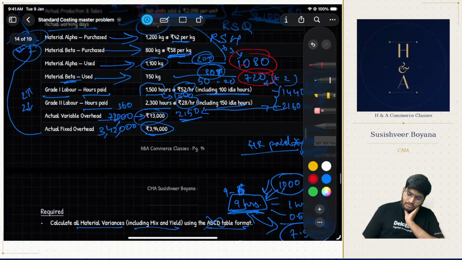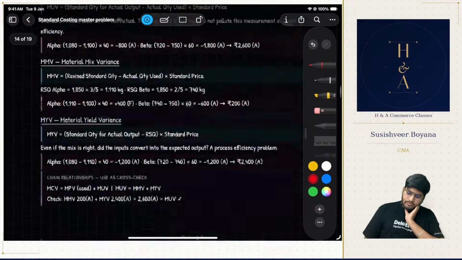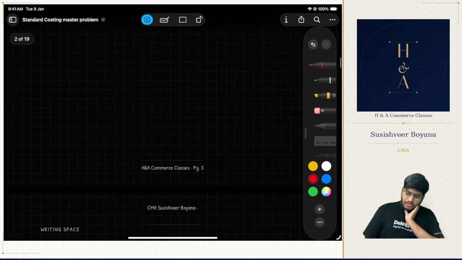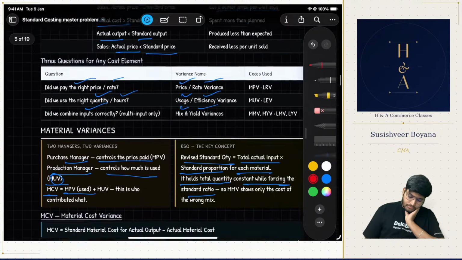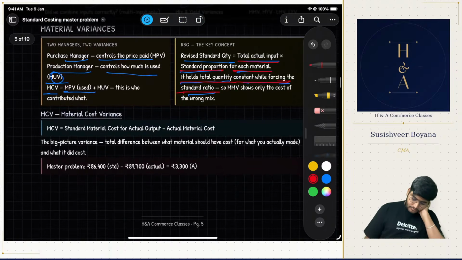But what did it turn out to be? 1080 and 720. Based on the output, when we apply the standard input output ratio, what we get is going to be RSQ, total actual input into standard proportion of each material. It holds total quantity constant while forcing the standard ratio. Okay.